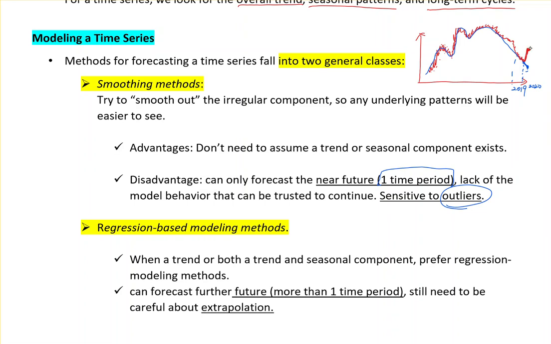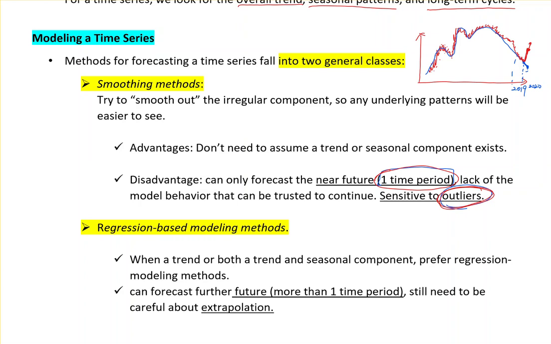Then based on this trend, the next point will go up, something like that. So the two most important disadvantages are, first, it is limited to one time period, and also it is very sensitive to outliers.